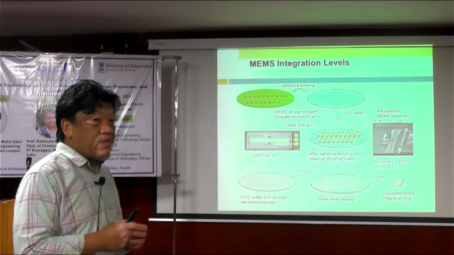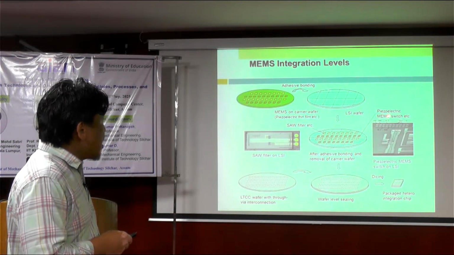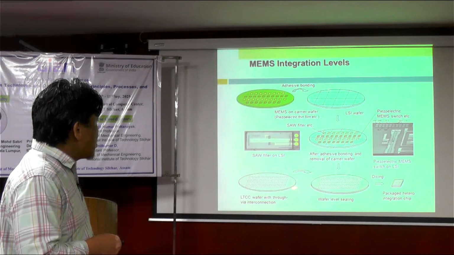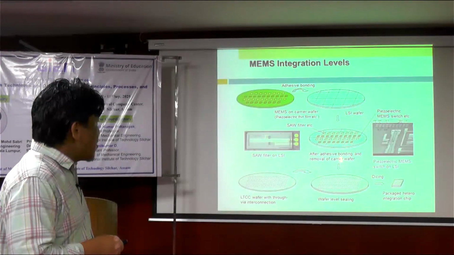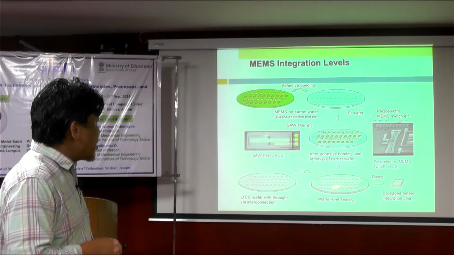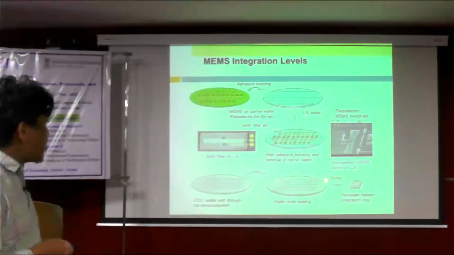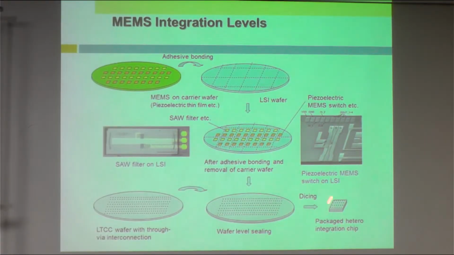Because we are dealing with micrometer and nanometer scale alignment. For example, you can have a piezoelectric MEMS switch on top of this, and you have your LSI wafer at the bottom. So now you have one single package hetero-integration chip, where after the bonding you do maybe some processing, then the wafer level sealing is attached tightly, then you dice into one single package of chip with the function of MEMS devices, such as a microphone or speakers, MEMS speakers, or MEMS microphone.